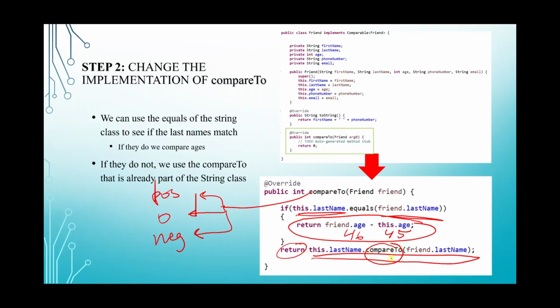This compareTo is of the String class. And this is going to be comparing letters to each other. So if we have Smith to Sanchez, this is not returning 0. This is returning the letter M position minus the letter A position in the alphabet.